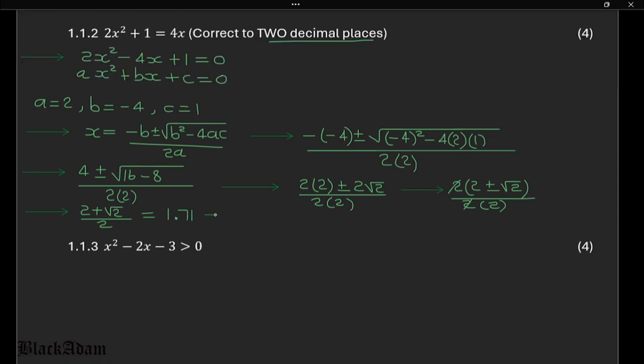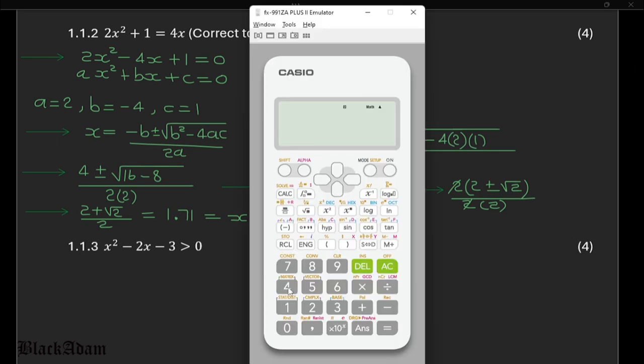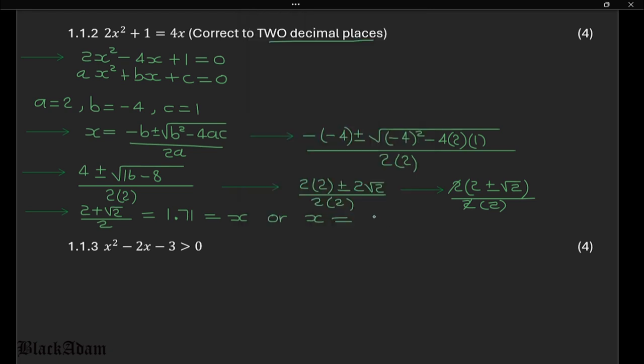And then x is going to be, we take the negative part, which is 2 minus root 2 divided by 2, is 0.29, rounding off to 2 decimal places. So those are our answers for 1.1.2.